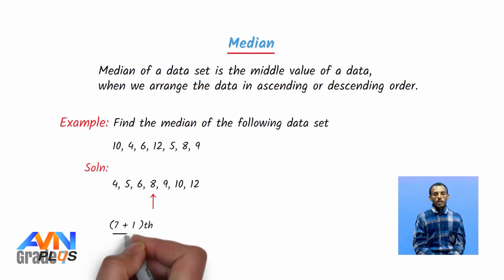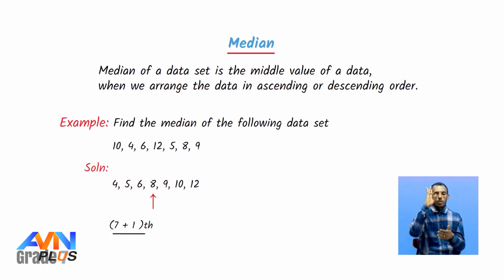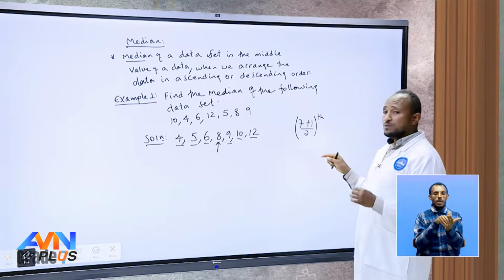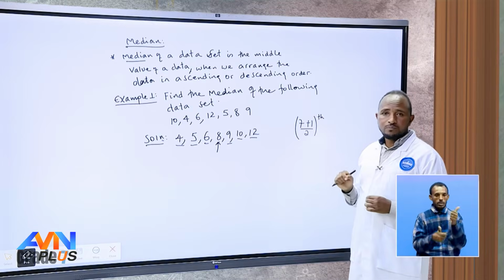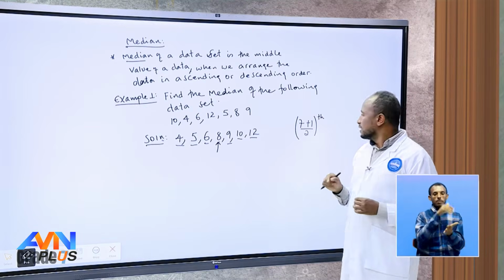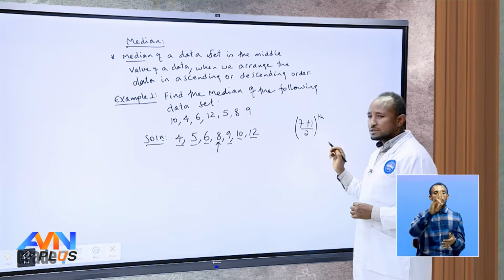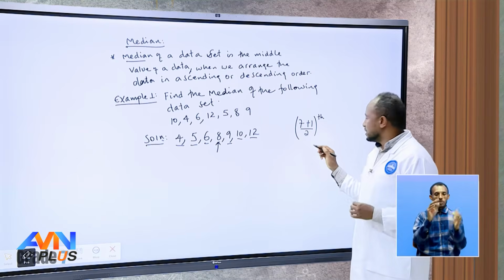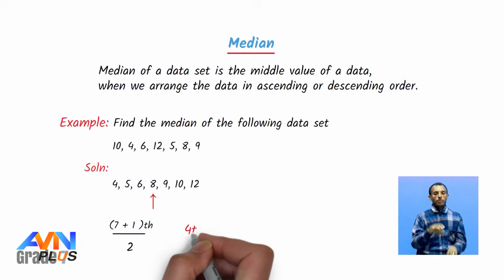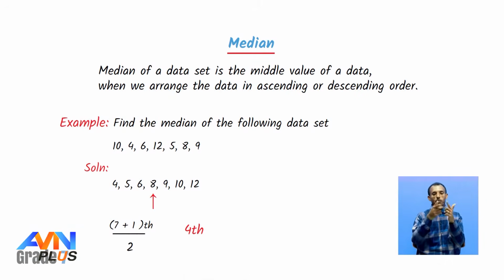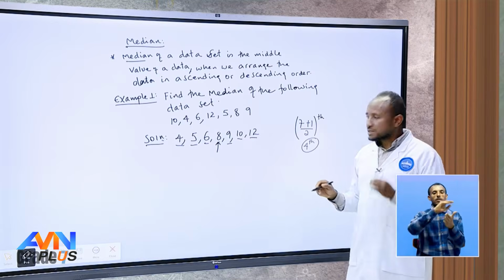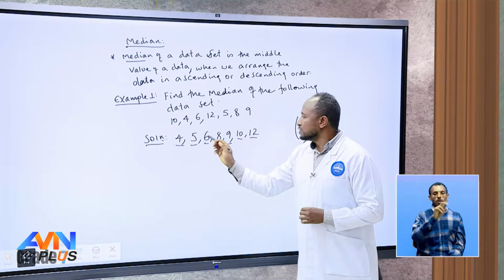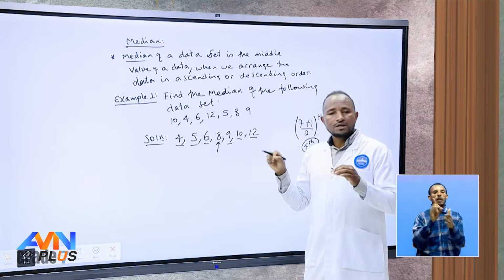The number found at this place will be the median of the given data set. So 7 plus 1 is 8. 8 divided by 2 is 4. So the fourth data will be the median. Let's count it: 1, 2, 3, 4. The fourth data will be the median.